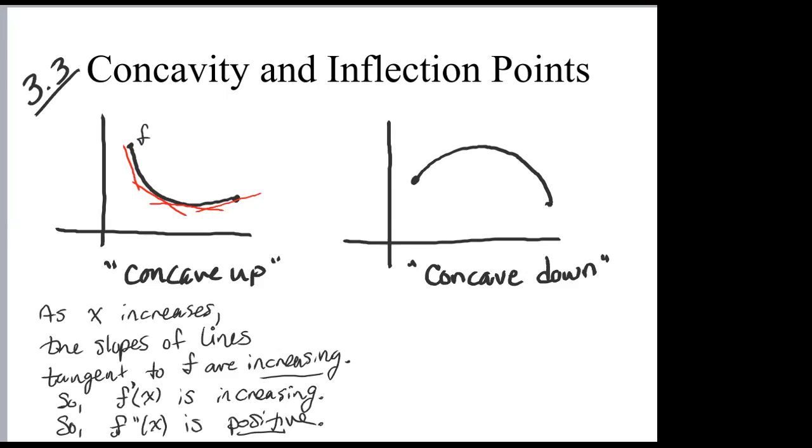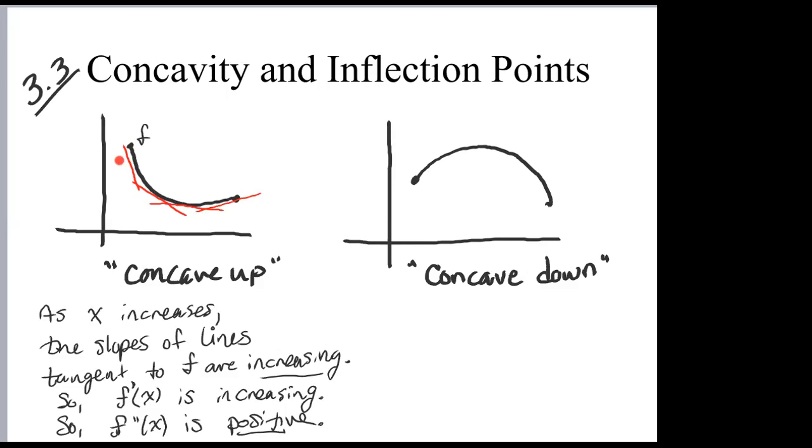So it looks to me like the second derivative, which we haven't really used much at this point except to find the acceleration of a position function, we're now going to bring into play and use it to find the shape of a graph over an interval.